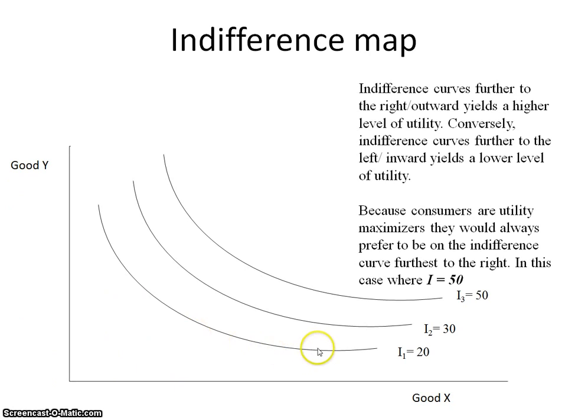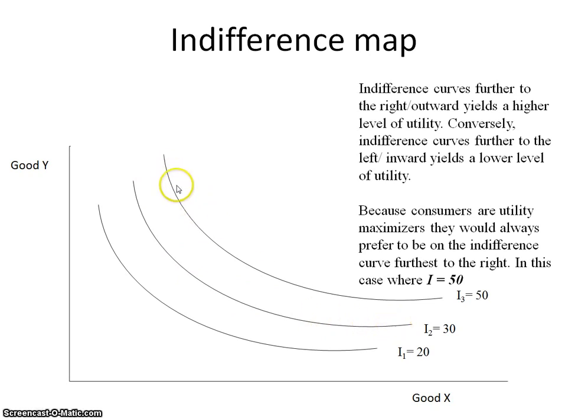Now, in this indifference map, we have three possible indifference curves for this particular consumer: I1, I2, and I3. I1 yields a value of utility of 20, I2 yields a utility of 30, and I3 yields a utility of 50. So regardless of where the consumer chooses to consume on I1, every combination choice yields a value of 20. Regardless of where the consumer chooses to consume on I2, the utility derived on either combination choice will yield 30.